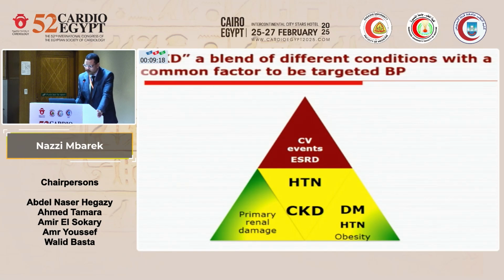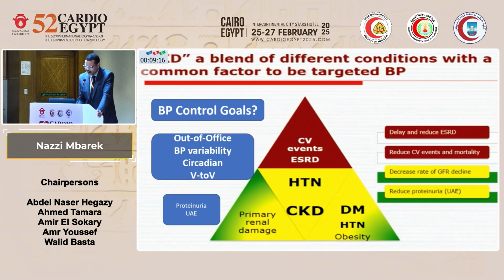So all these components lead to hypertension. If we want to improve the cardiovascular and renal risk, we absolutely have to reduce hypertension in order to delay and reduce end-stage renal failure and its progression, and the cardiovascular events as well.